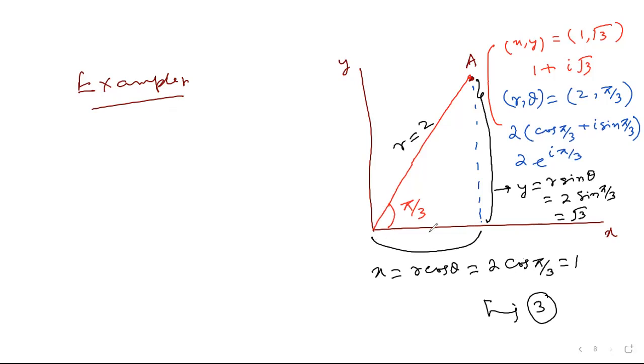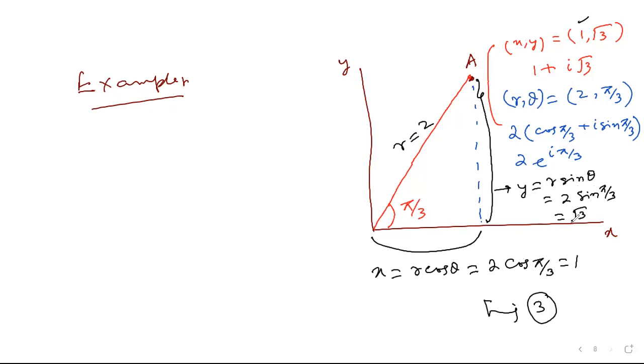So its x coordinate is 1. Therefore I can label this point A as 1, where 1 denotes x. Then what about its y coordinate, which is r sine theta? R is 2, then angle is pi by 3 radian, so it is 2 sine pi by 3, which is square root of 3.